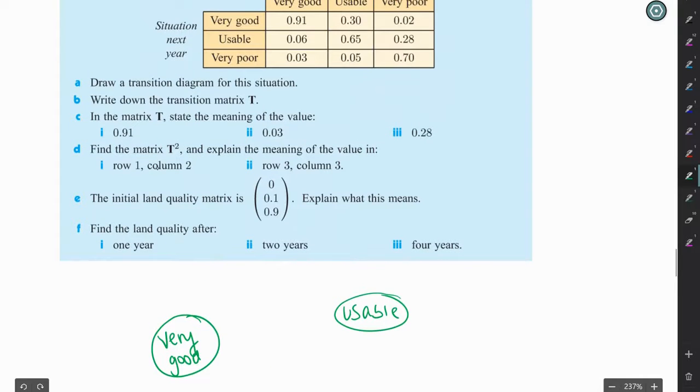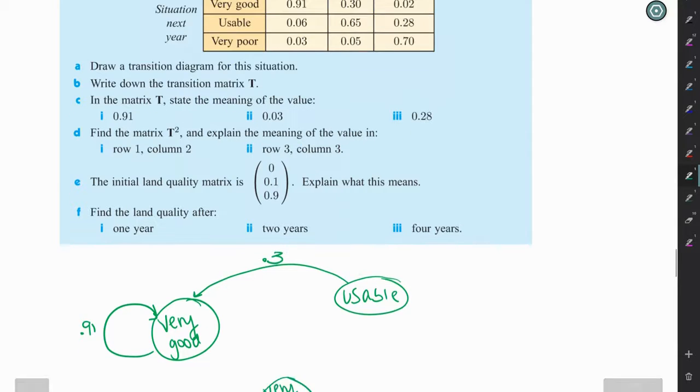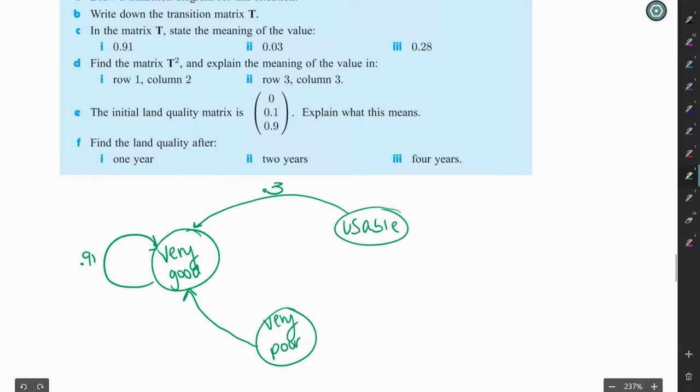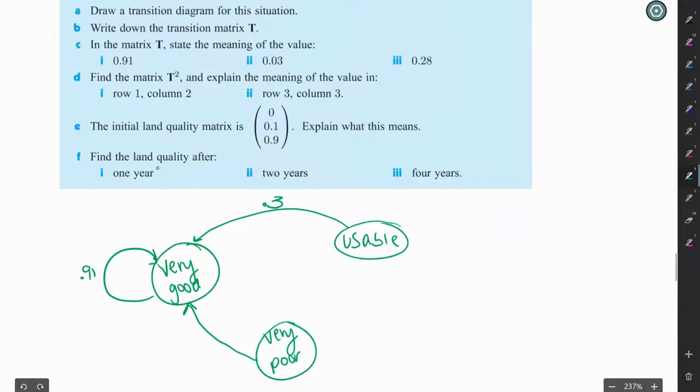So this year, if I'm very good this year, next year the probability of being very good is 0.91. So that is an arrow that goes to itself. This year, if I'm usable, the probability that it becomes very good next year, so usable to very good, would be 0.3. And then very poor to very good next year would be 0.02.